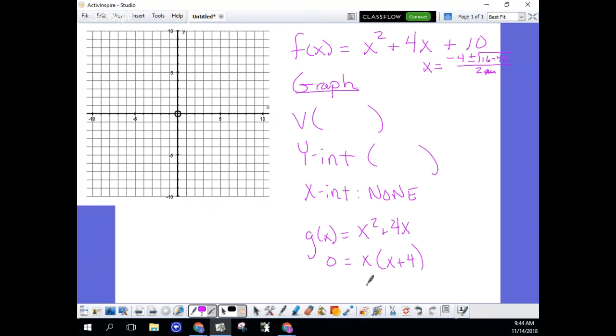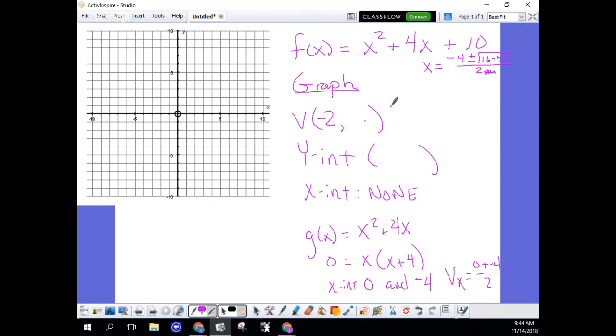The x-intercepts are at 0 and -4. So Vx is equal to 0 plus -4 divided by 2. So that's going to be -2. The x-coordinate of the vertex is -2.